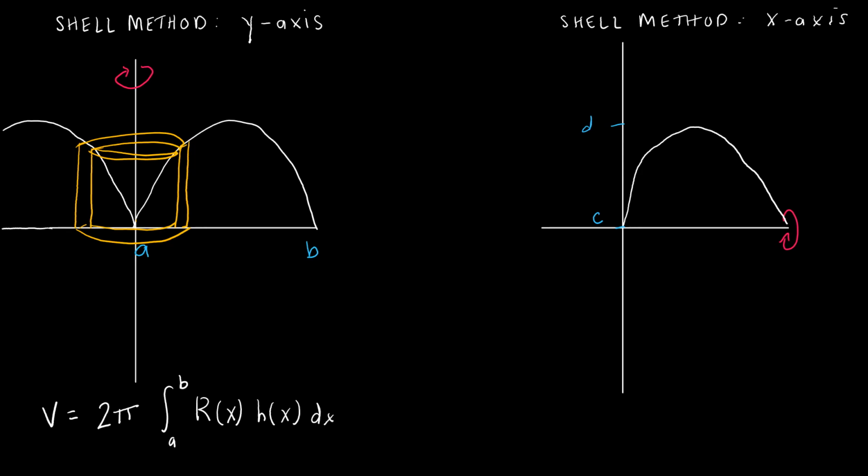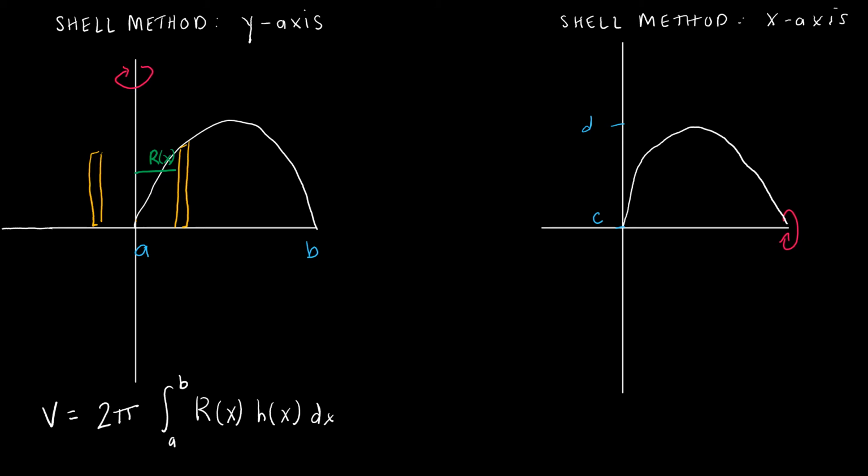Let's look at my figure so we can see which value is which. R of x is the radius of the shape. That's this guy. From the y-axis to my representative rectangle would be the radius of my figure.